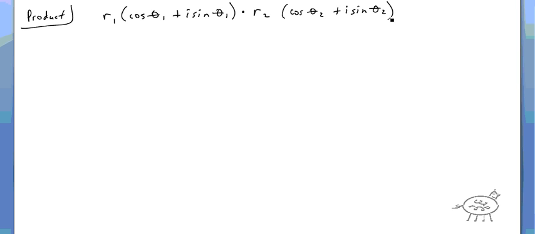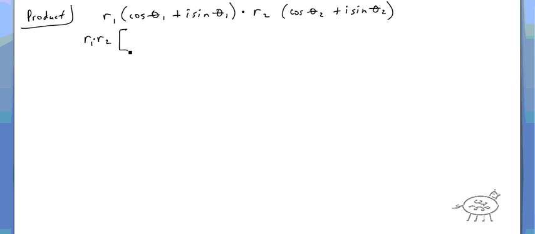Basically, we can just pull the R1 and the R2 out, like factoring them out. It's just R1 times R2. So that's equal to R1 times R2, and I'll put a little multiplication between there.